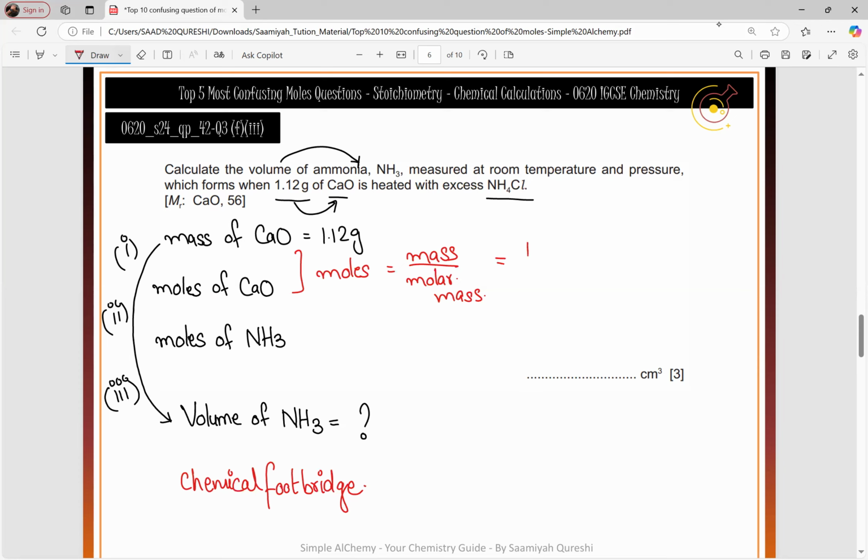The mass is 1.12 and the molar mass of calcium oxide, CaO: calcium is 40 and oxygen is 16, total 56. So the molar mass is 56, 1.12 divided by 56, and the answer is 0.02 moles.